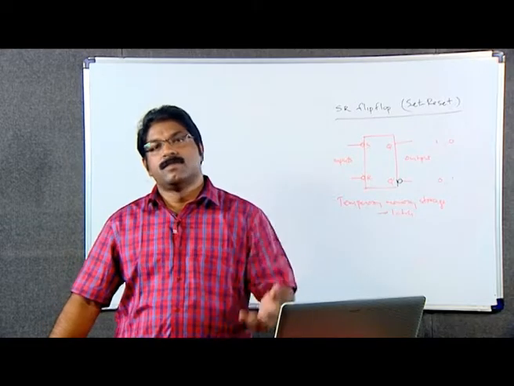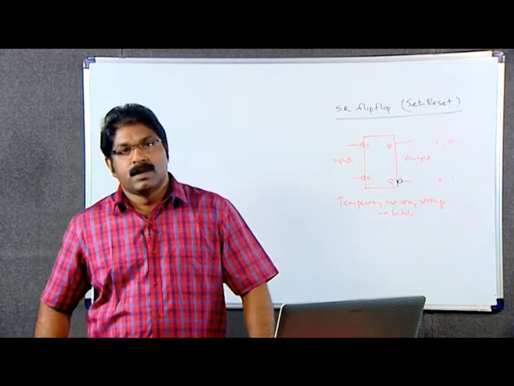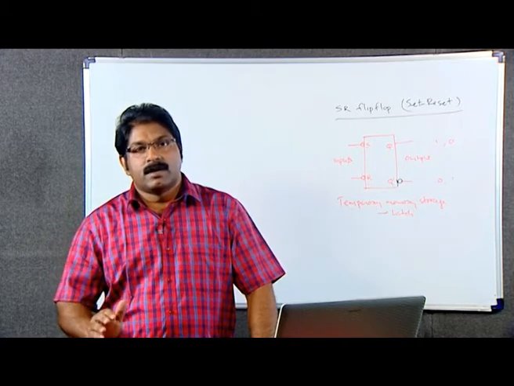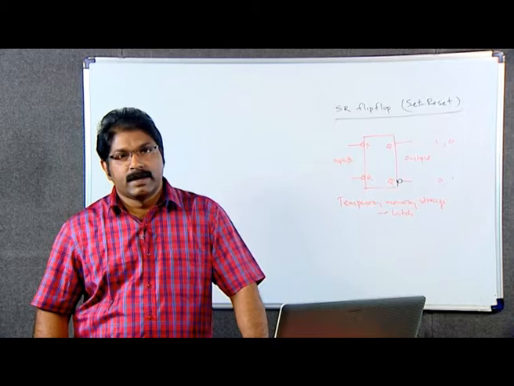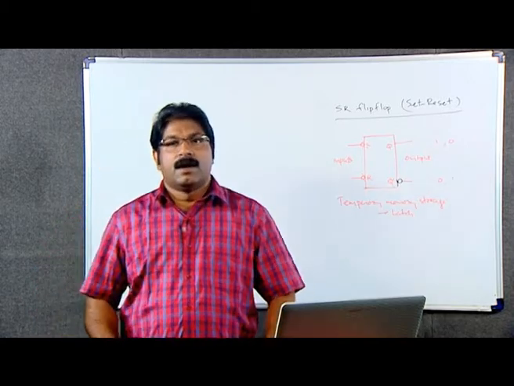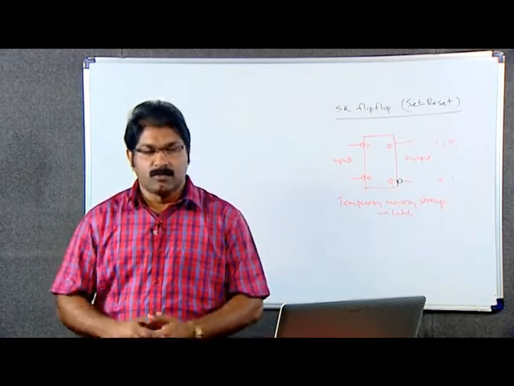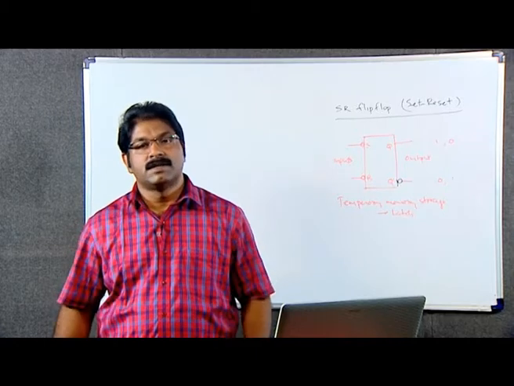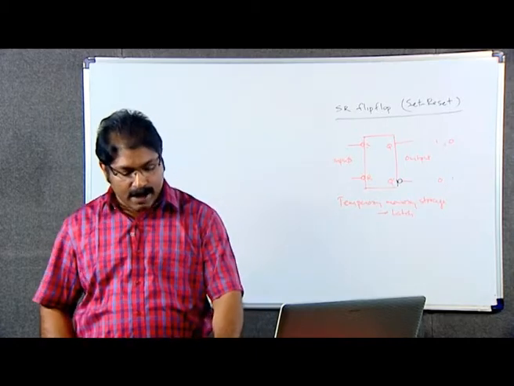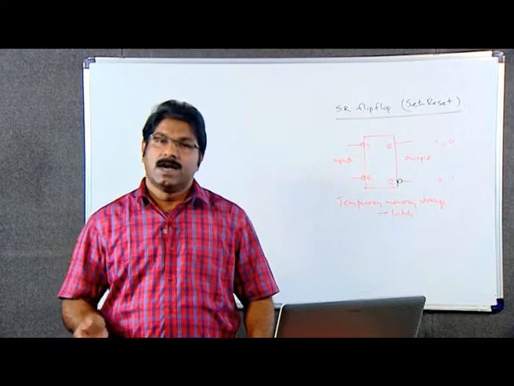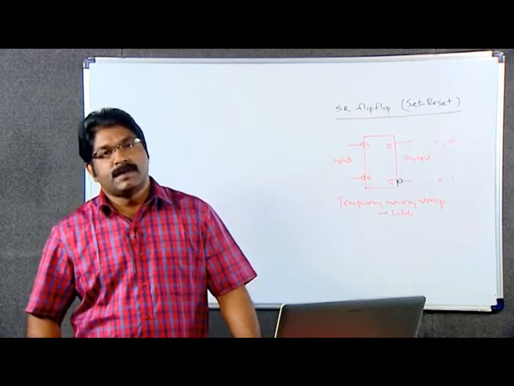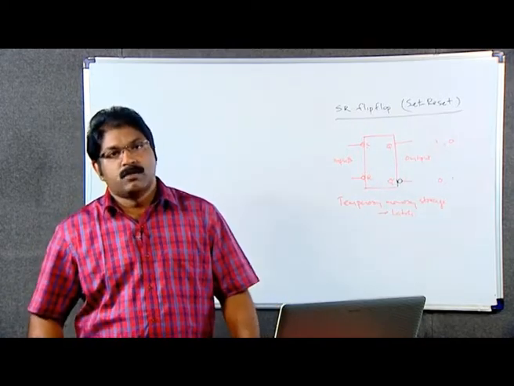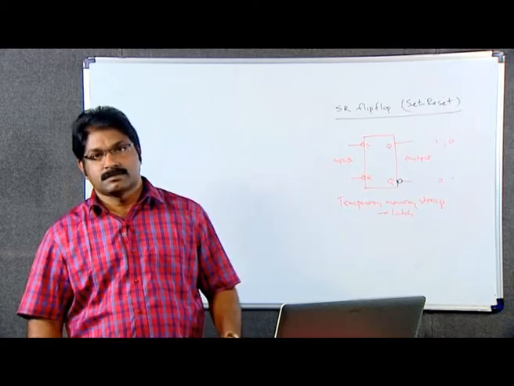As in the case of the active high SR flip flop, where the 1 1 condition was invalid, in the case of an active low SR flip flop, the 0 0 condition is invalid and that should be avoided, and this is a drawback. In both types of SR flip flops, we have invalid conditions.